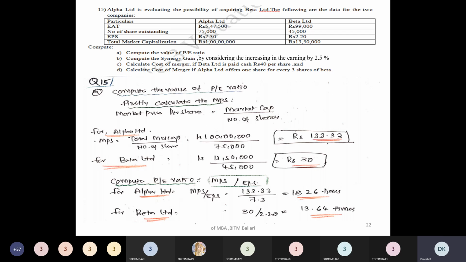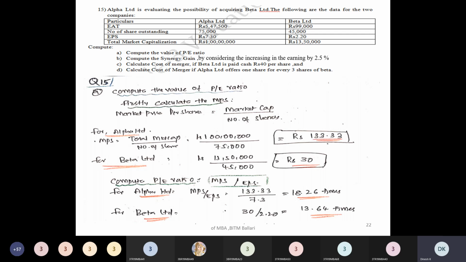In the given question there is an EPS, but market price is not given. When the market price is not given, you're supposed to calculate the market price first. Once the market price is clear for both the acquiring firm and the target firm, it would be very easy to calculate the PE ratio. So before we proceed to calculate the PE ratio of both companies, let's first calculate the market price per share.